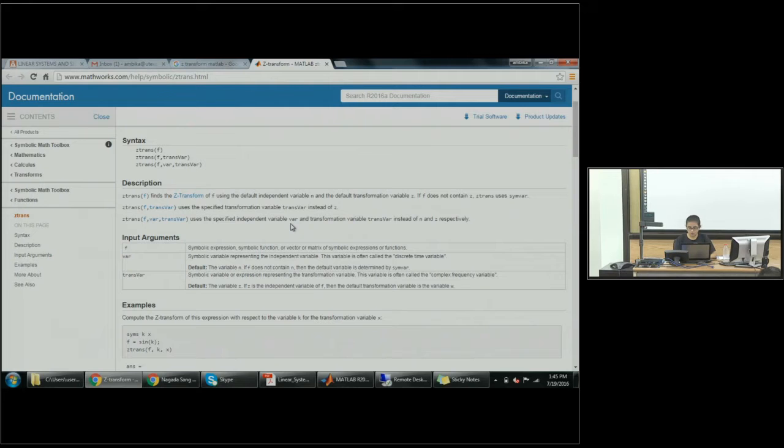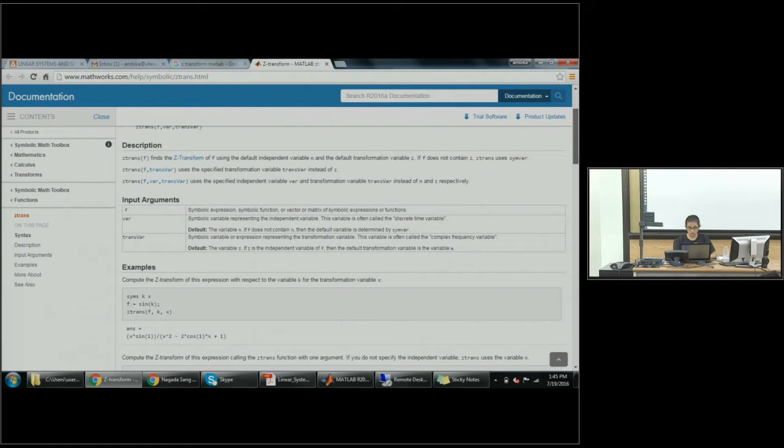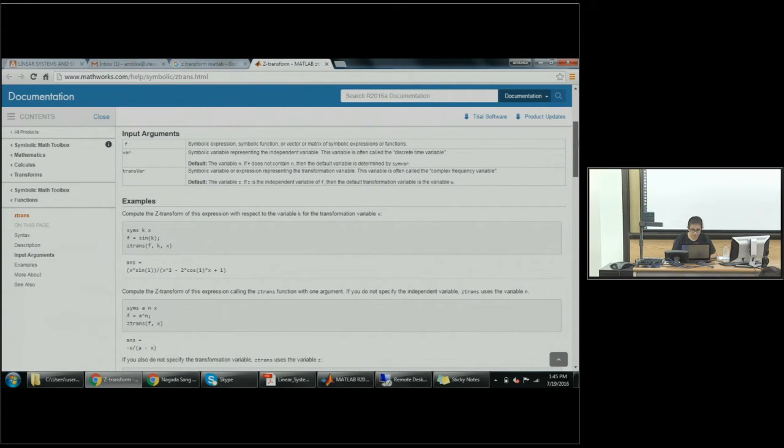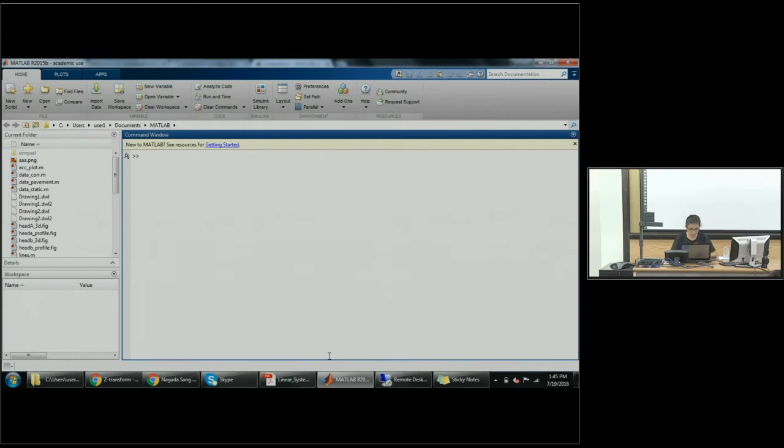So ztrans is a MATLAB function. Okay, so let's try a few of these examples. So syms is a command that defines symbols in your MATLAB system.